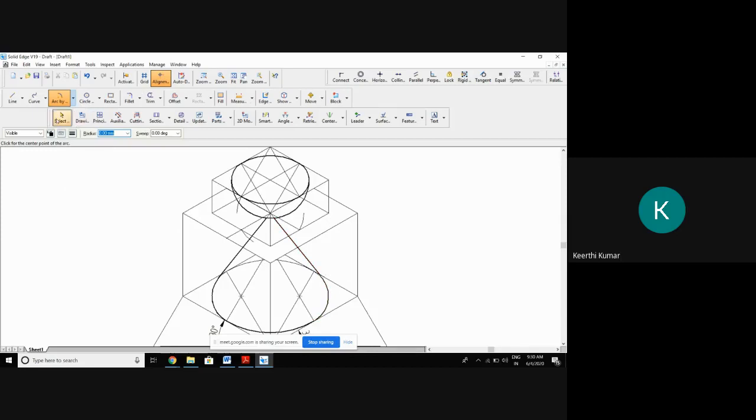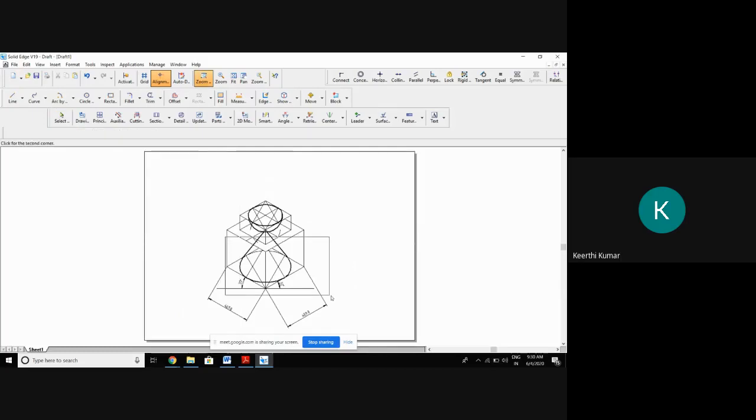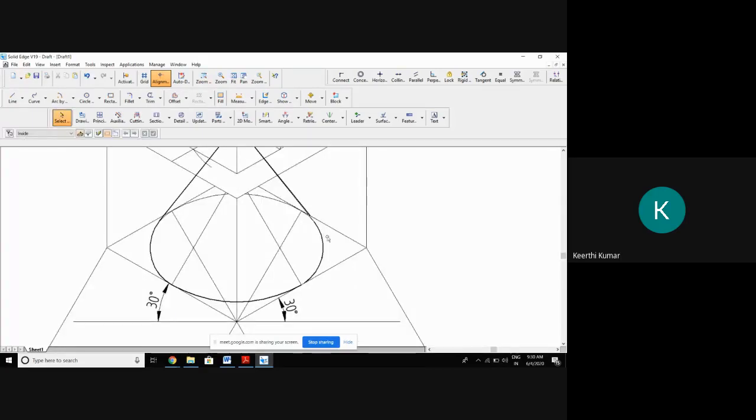See what I did? From the tangent, I overwrote. Again, here also a portion of it. A smallest portion I left out with the thin line only. I took the thick only after this. This side also I did the same thing.